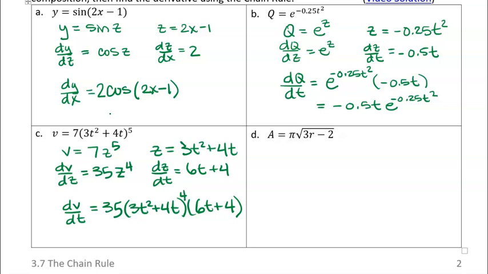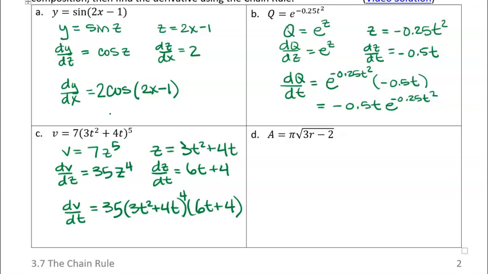Notice how I replaced z with what z is, so that we have everything written in terms of t. We need to write it in terms of t. I think I got that. One more. Again, I'm going to break this apart. I see a constant times a square root function, and inside the square root, I see 3r minus 2.